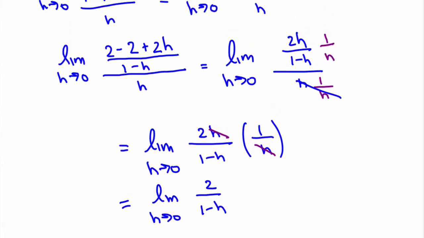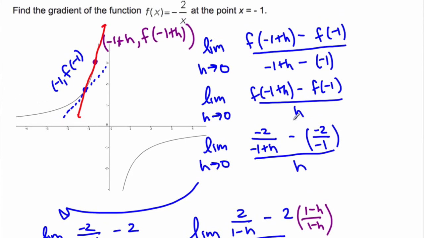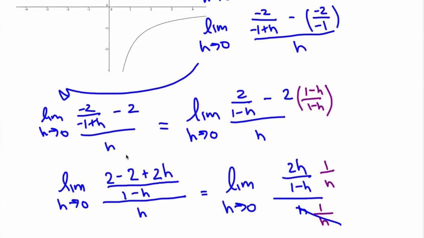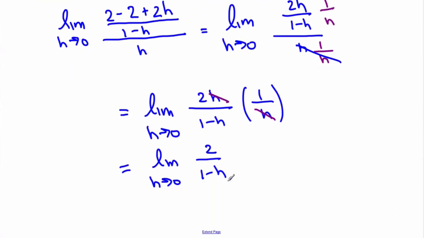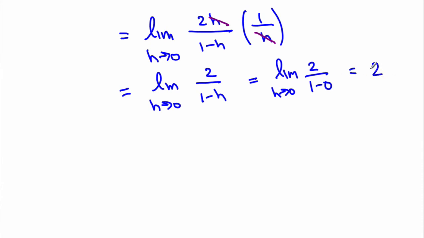Now, like I said before, I couldn't plug in 0 here. Couldn't plug in 0 here. I couldn't substitute in 0 any of these places until now. Now I can substitute in 0 because I won't be dividing by 0. So now, substitute in 0, the limit of 2 over 1 minus 0 is equal to 2.